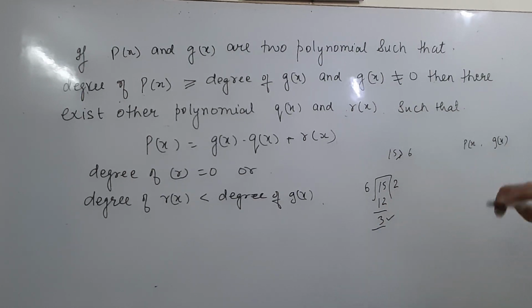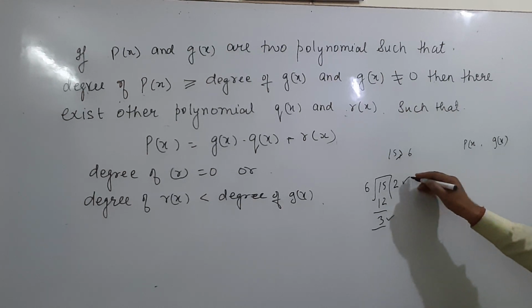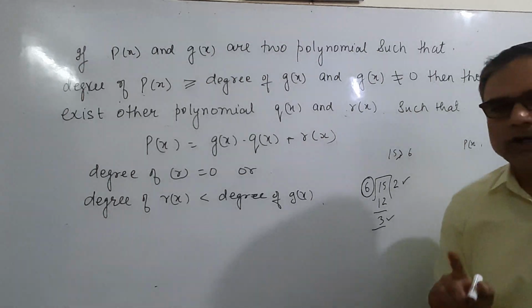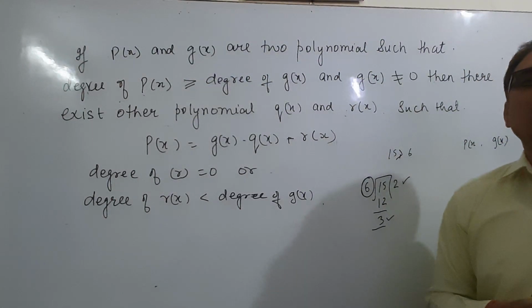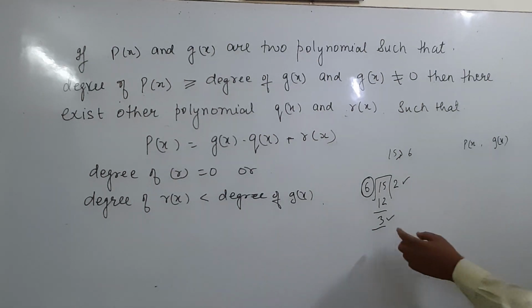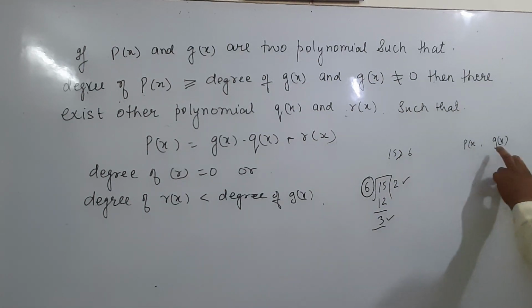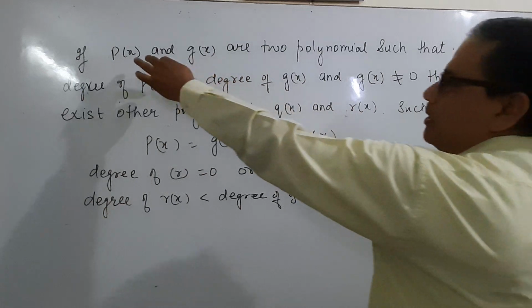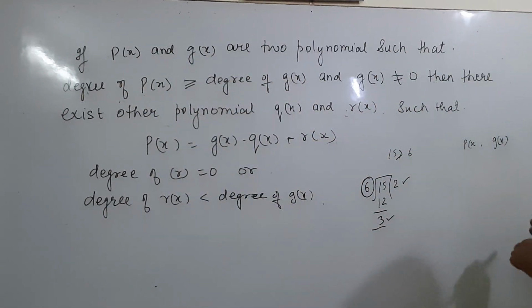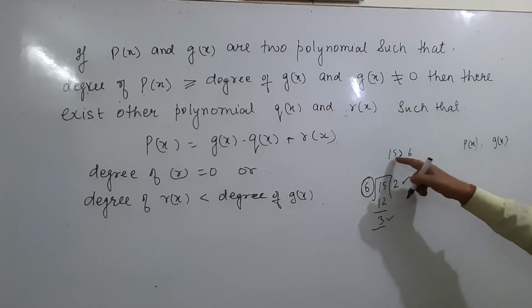This is remainder and this is quotient. And this divisor is not equal to 0. Divisor is always a non-zero integer. Here it is the same.